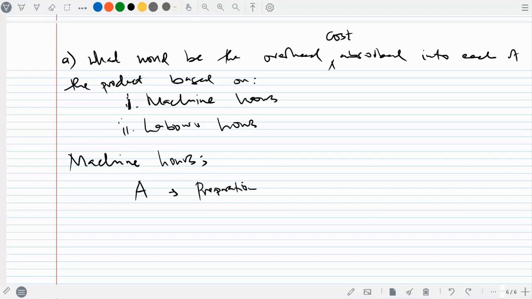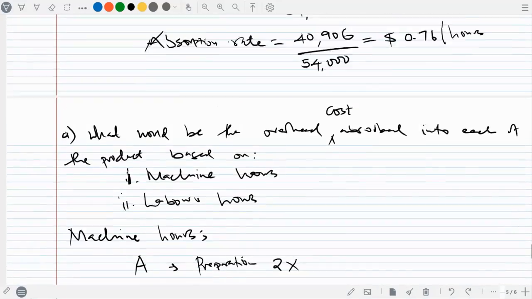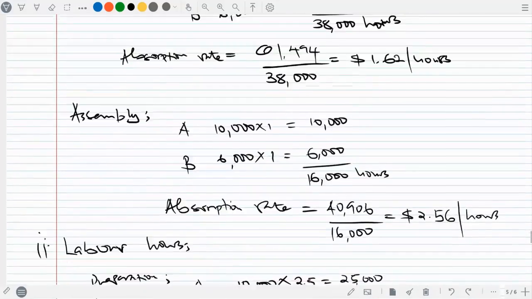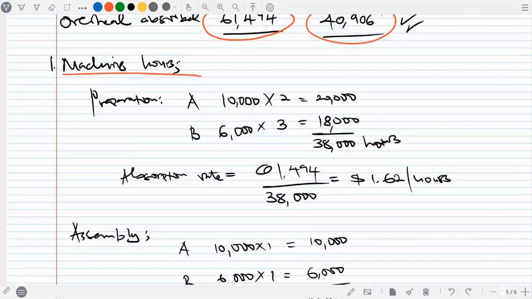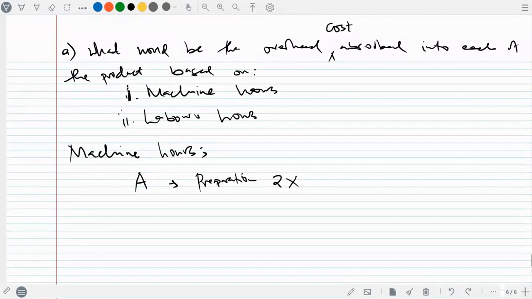The cost will be equal to 2 machine hours times the cost per machine hour, which you have obtained, the absorption rate, was 1.62. Therefore, 2 times 1.62 gives us 3.24.